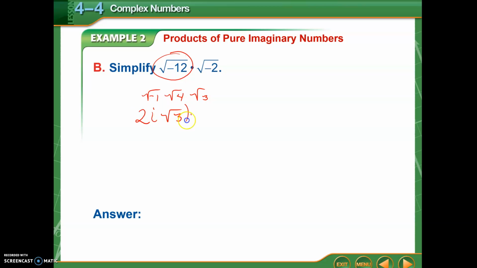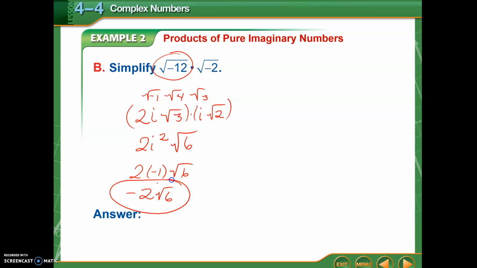And I would simplify this to i square root of 2. Then I'm going to multiply. So you want to simplify first on the square roots. So 2i times i is 2i squared. The square root of 3 times the square root of 2 is the square root of 6. And then i squared is -1, so 2 times -1 times the square root of 6 is -2 square root of 6. So you want to do your i simplification first and then multiply, which in real numbers we would do the opposite.